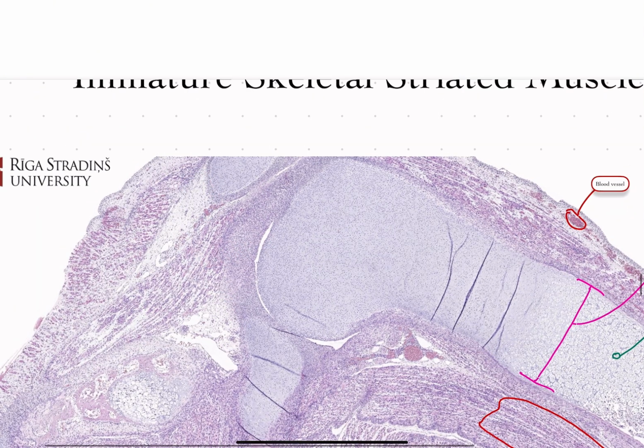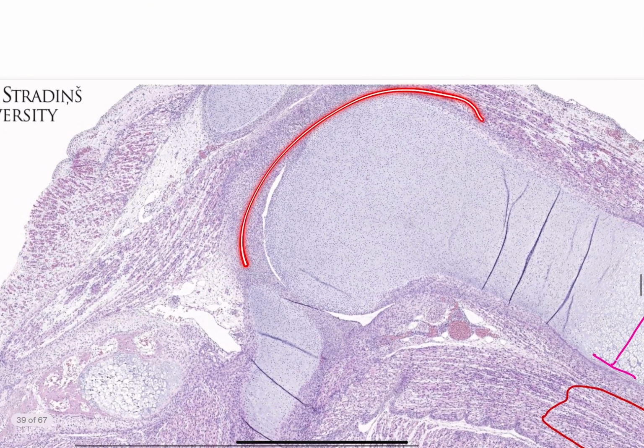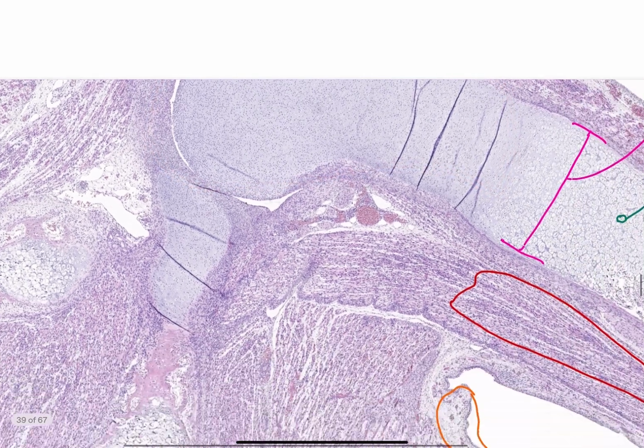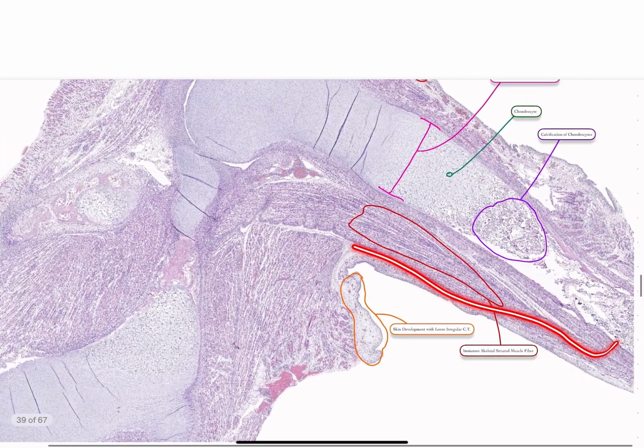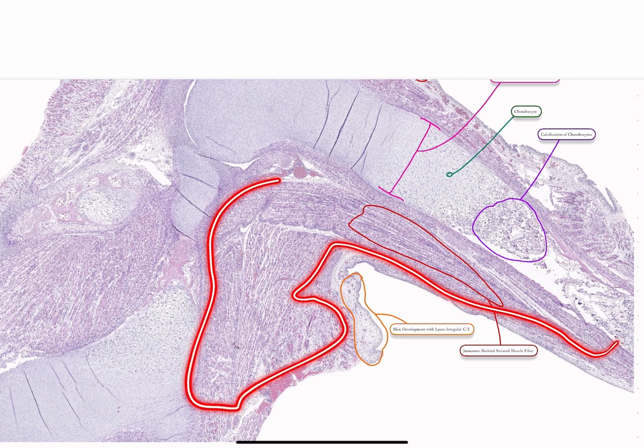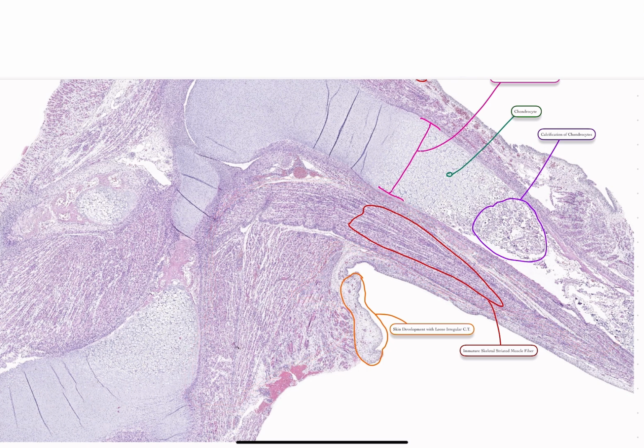But any other tissue that appears as muscle that is close to hyaline cartilage will be the immature skeletal striated muscle fibers.